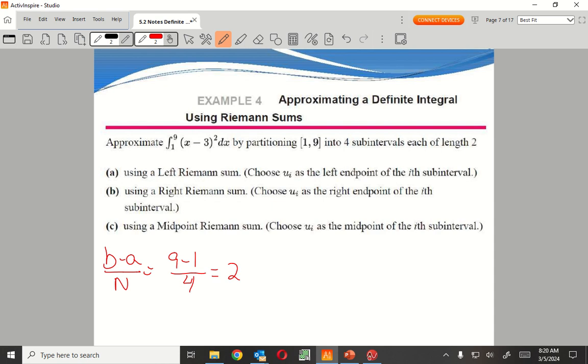So this one right here told me what my intervals are. It said find the subintervals, but it also gives you delta x. So I have a delta x there, so I could do each one by hand. And then we're going to do this one as the left sum, right sum, and midpoint.